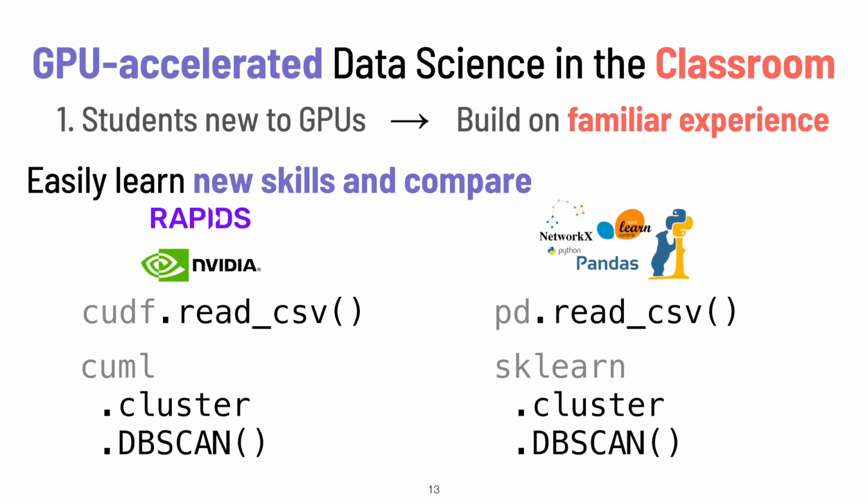For example, RAPIDS' read CSV function for reading in data from a file can be used the same way as it is in Pandas' read CSV function.